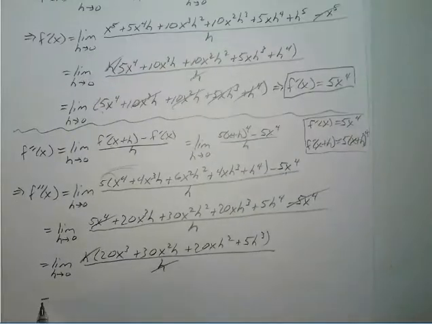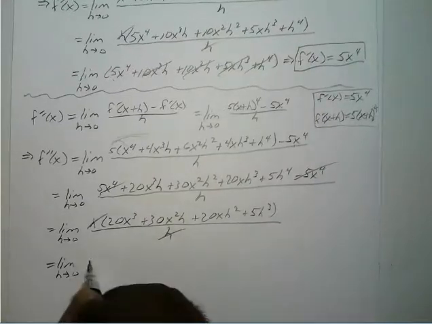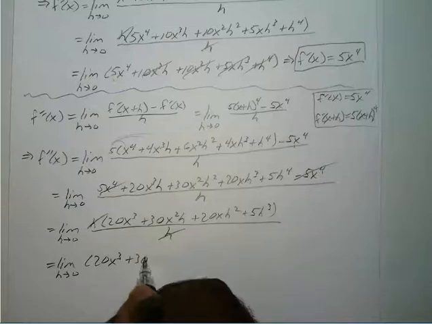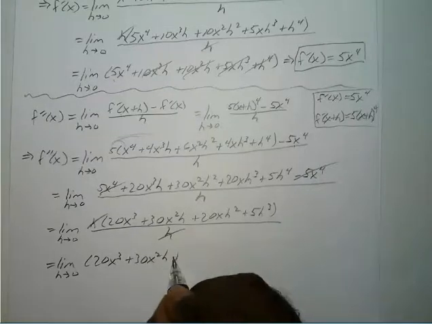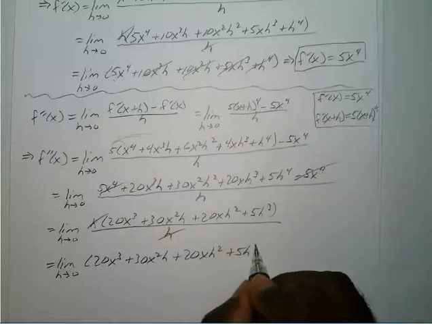So we are left with the limit as h approaches 0 of 20x to the third plus 30x squared h plus 20xh squared plus 5h to the third.